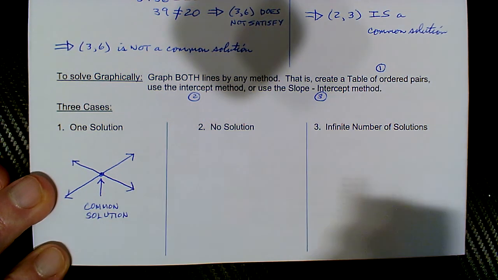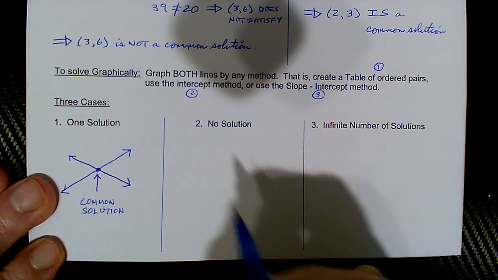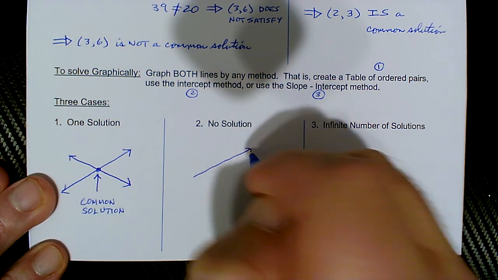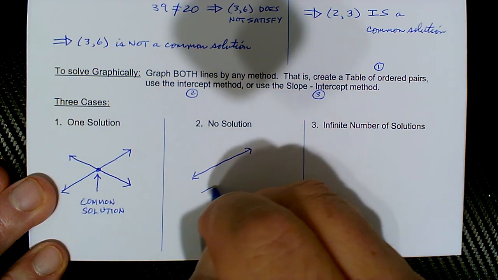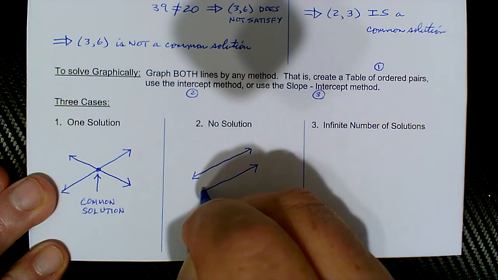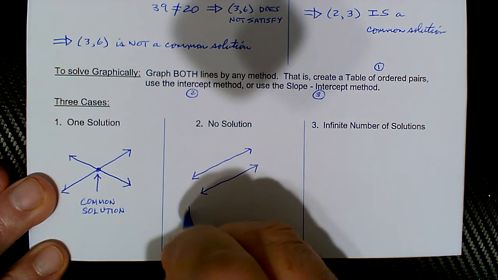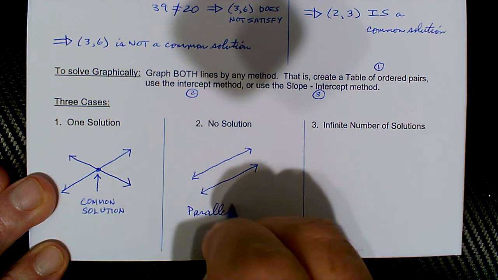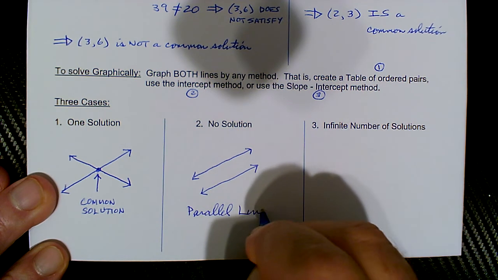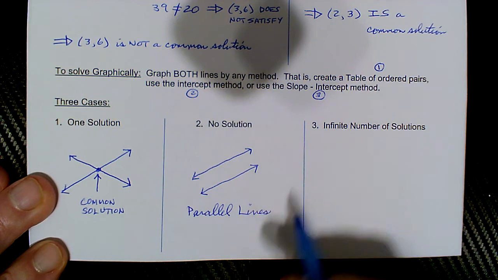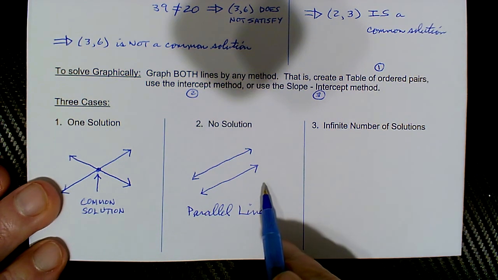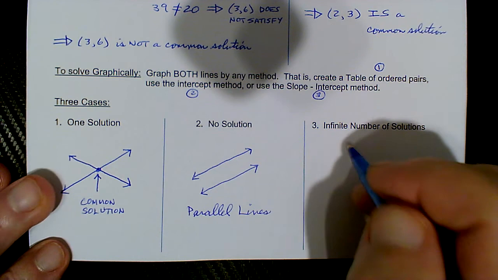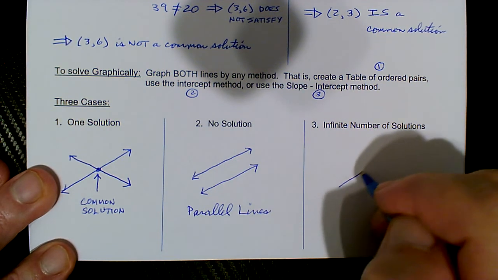As we mentioned earlier, you could actually have no solution. No solution would be if the lines are parallel, because if you have parallel lines, they don't intersect. Or you could have an infinite number of solutions.